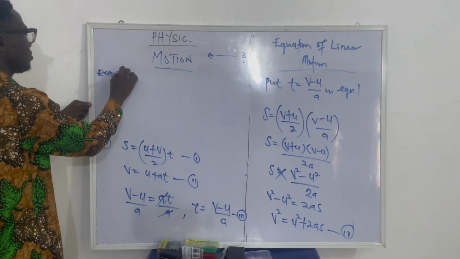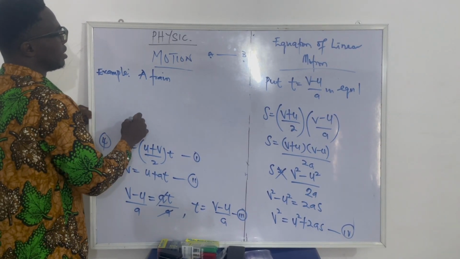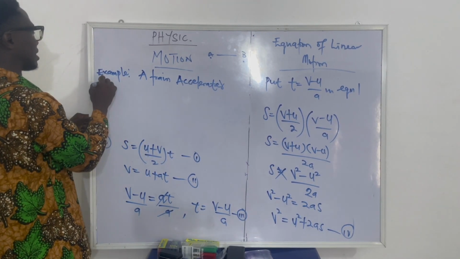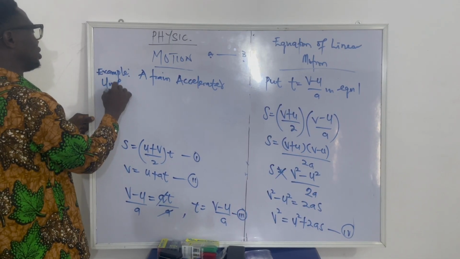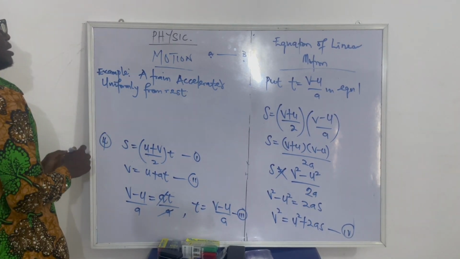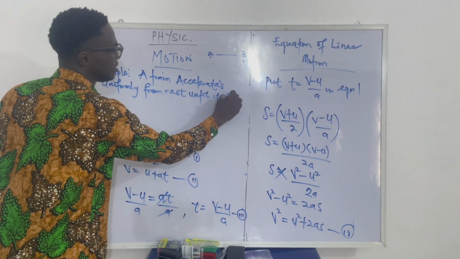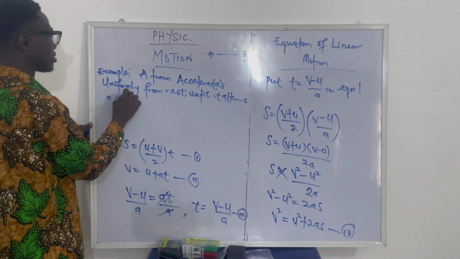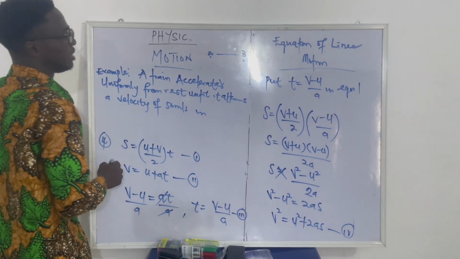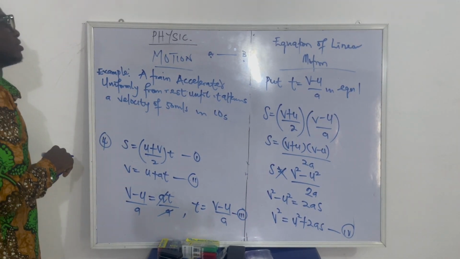Example 1. A train accelerated uniformly from rest until it attains a velocity of 50 meters per second in 10 seconds.